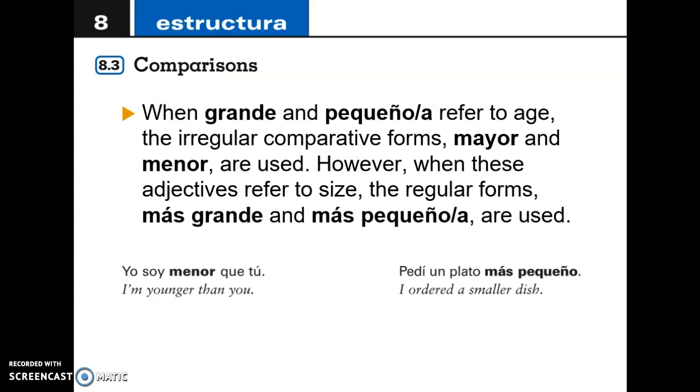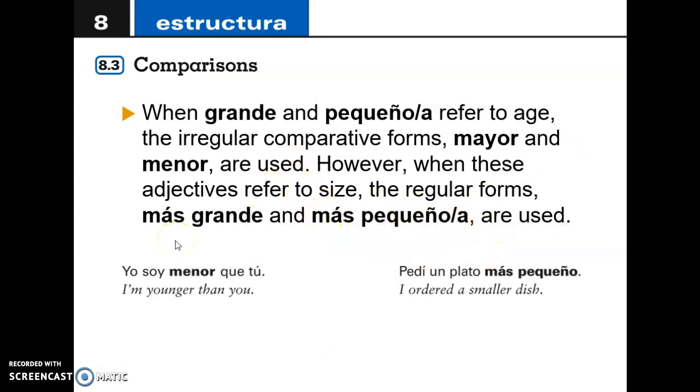And for the comparative forms, we do say mayor, just like we explained in the previous chart, and for pequeño or pequeña, we can say menor. This is whenever we refer to age. However, these adjectives also refer to size, okay? Grande refers to big and pequeño refers to an item that is small. And whenever we refer to items, as long as we're not talking about age, we can say más grande or más pequeño or más pequeña.